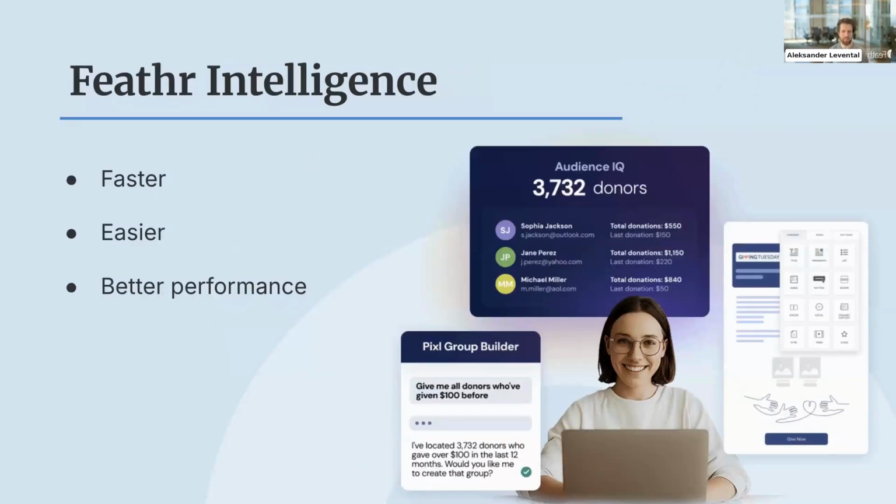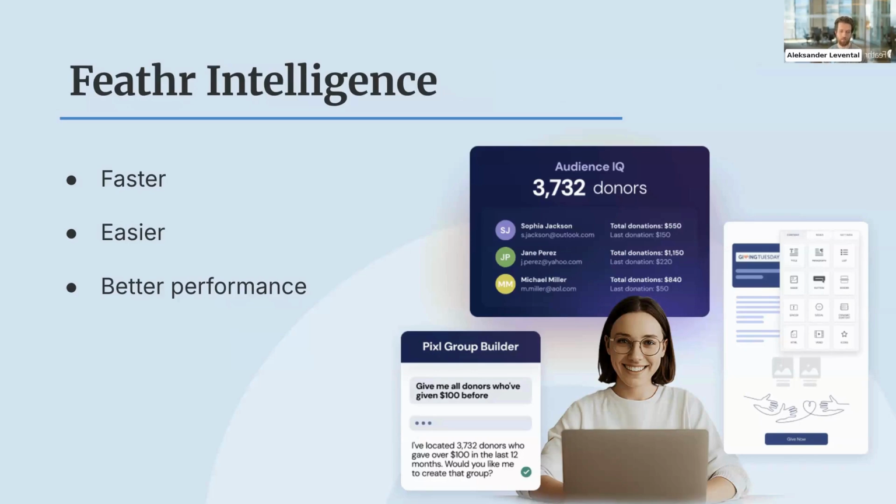So the basic goal of Feathr Intelligence is to make using Feathr, and therefore growing your nonprofit, faster, easier, and higher performance, higher efficiency. There are a bunch of tools within Feathr, and like any marketing, data, analytics, or communication platform, it can get quite complicated. Even Feathr, we focus on being as easy and simple to use as possible, but if I'm honest, even Feathr can be quite complicated and difficult to use in some places.